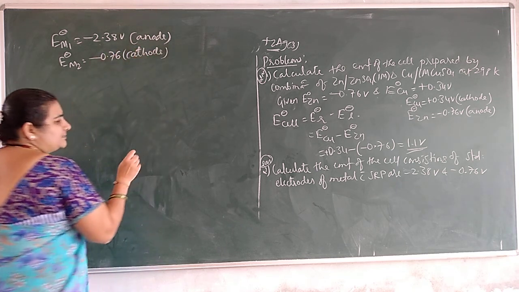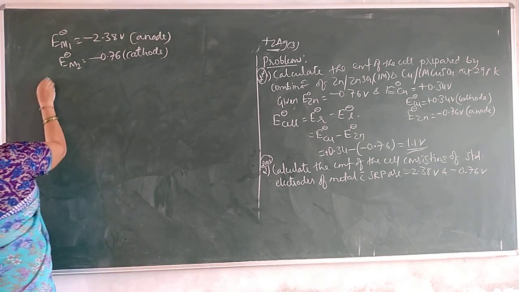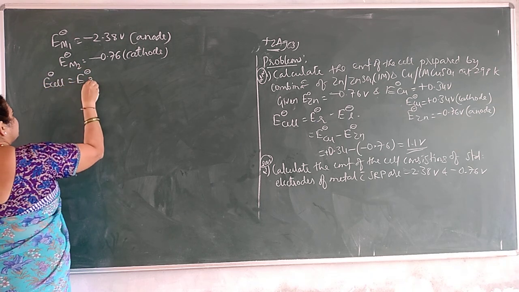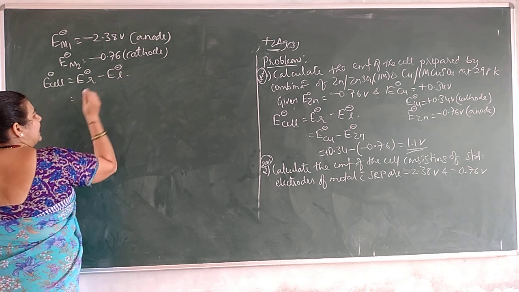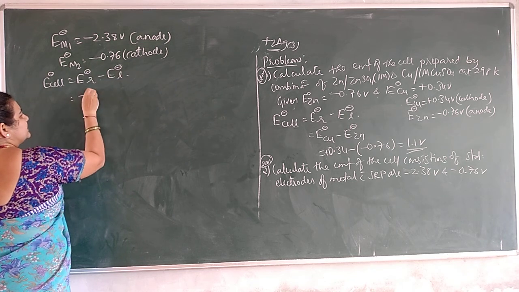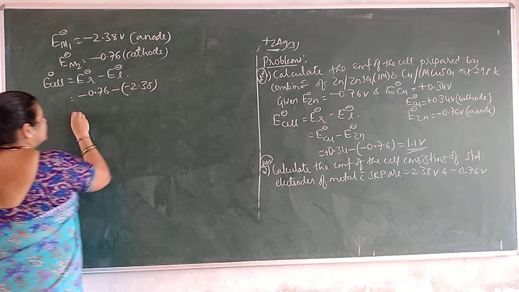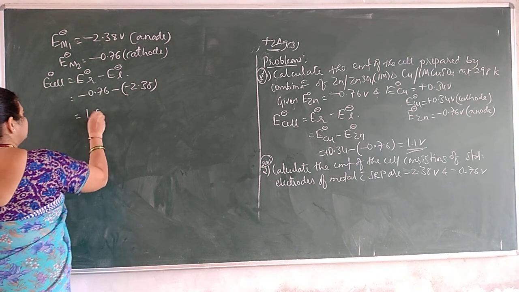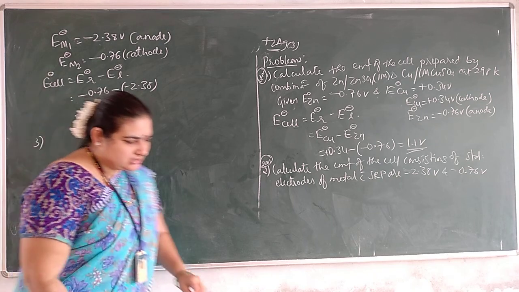In the problem you are asked to calculate EMF of the cell, so E0 cell is equal to E0 right minus E0 left, or cathode minus anode. So E0 right is minus 0.76 minus of minus 2.38. Totally it is 1.62 volt. Okay. Third question.